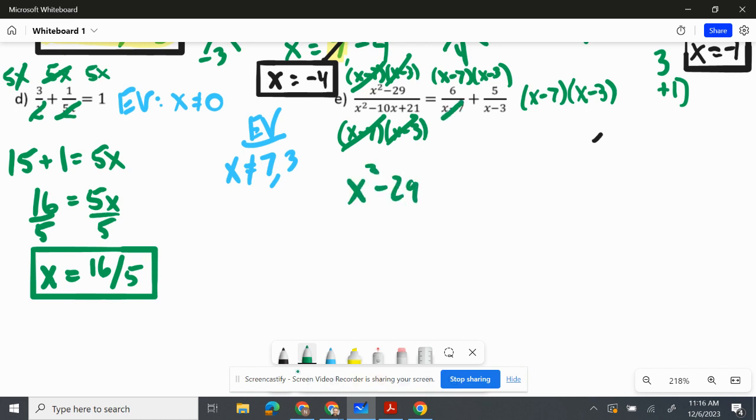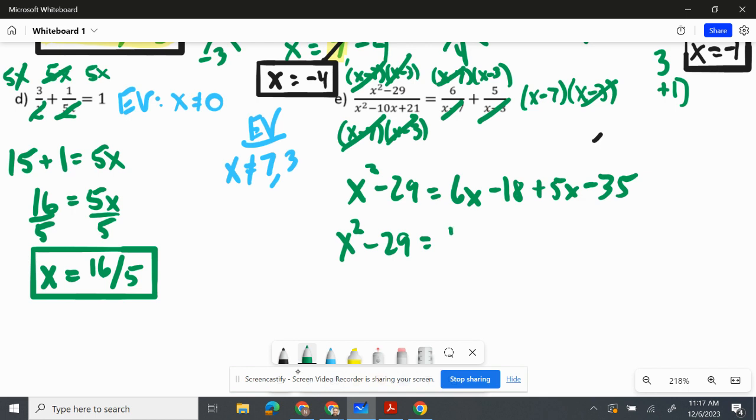For the next one, the x minus 7's cancel. So 6 times x is 6x. 6 times -3 is -18. The x minus 3's cancel. 5 times x is 5x. And 5 times -7 is -35. We're going to add the like terms. x squared minus 29 is equal to 11x minus 53.